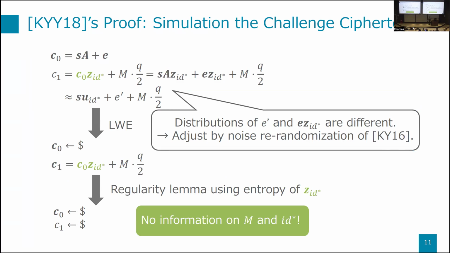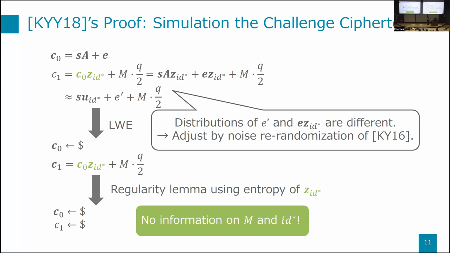So we review how to simulate the challenge ciphertext in their proof. The challenge ciphertext is simulated by using the secret key for ID star, that is g_ID star. In this case, the distributions of e prime in the original ciphertext and e g_ID star in the simulated ciphertext are different.